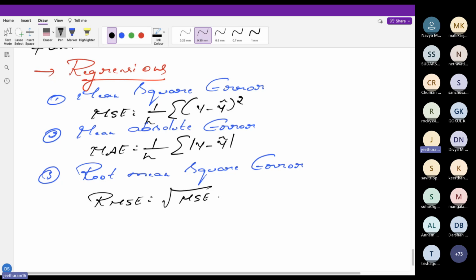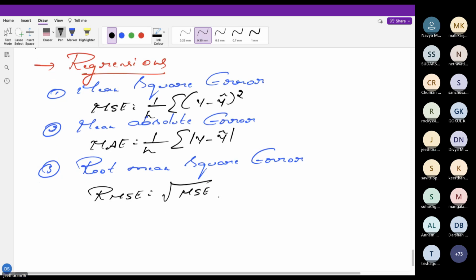So these are the loss functions used in ANN whenever it's a regression problem.